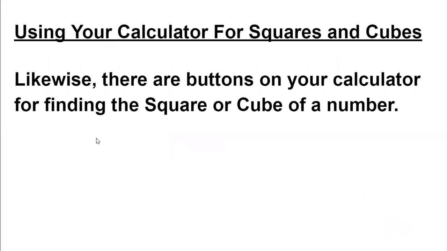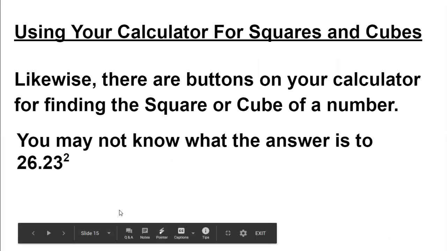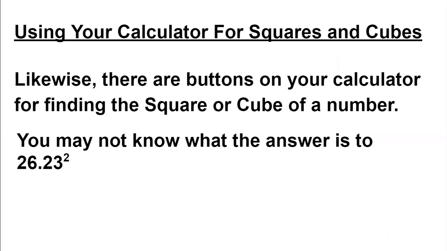You can also likewise use the buttons on your calculator to find the square or cube of a number. So you may not know what the answer is to 26.23 squared. And yes, you can have decimals that are squared. That's not unusual.